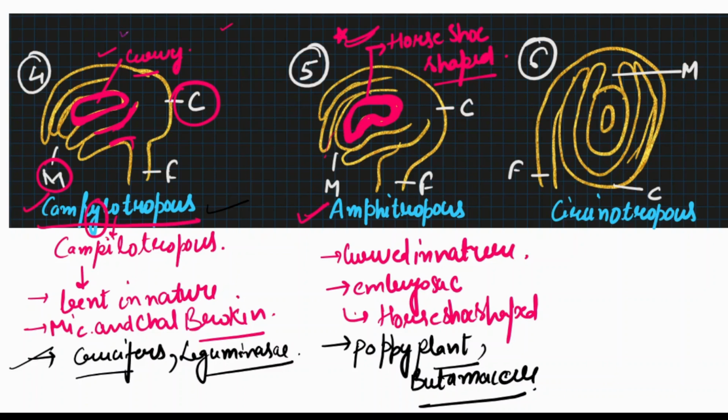Now the last type of ovule is circinotropous. The name suggests circi, which means it forms a circle.